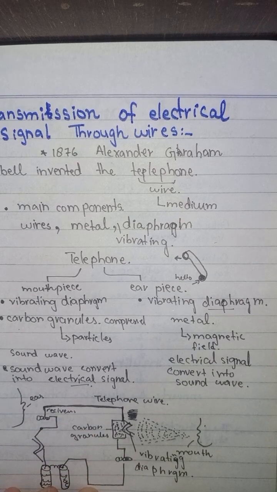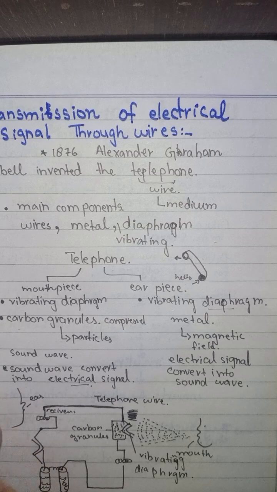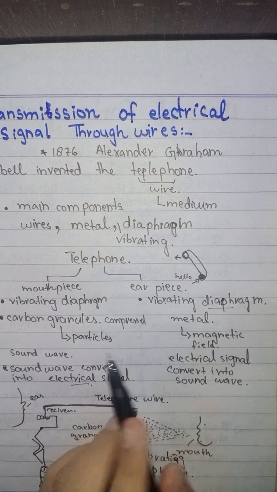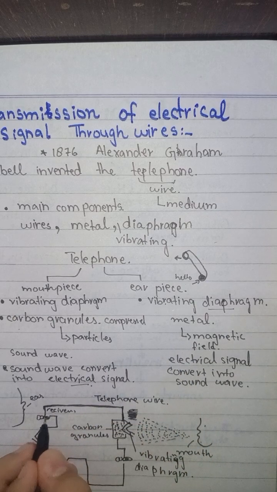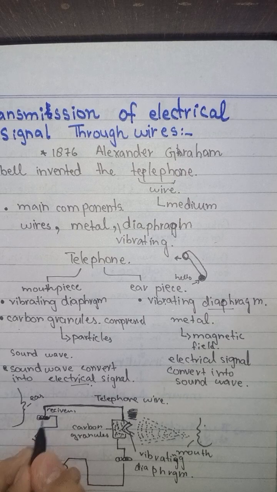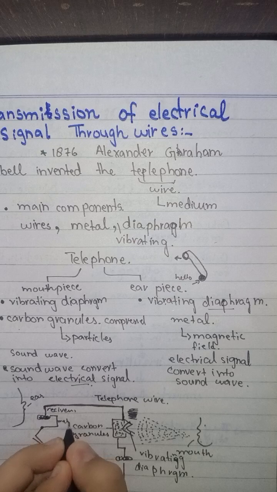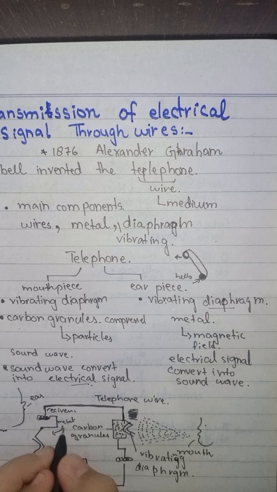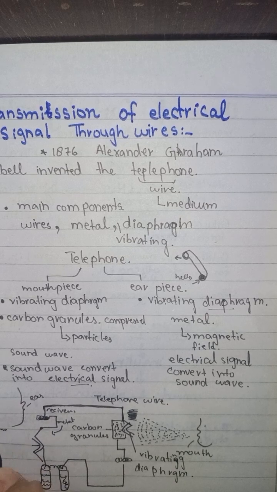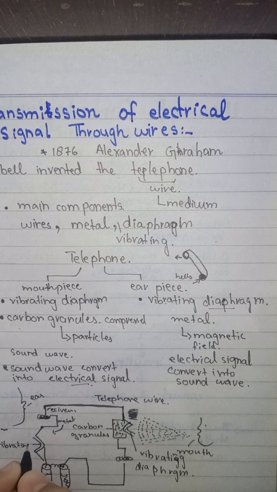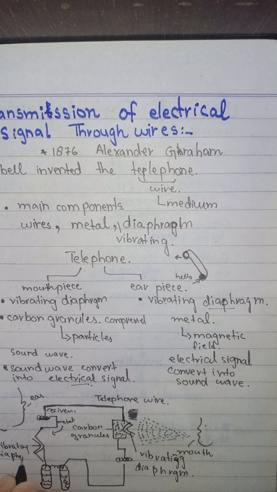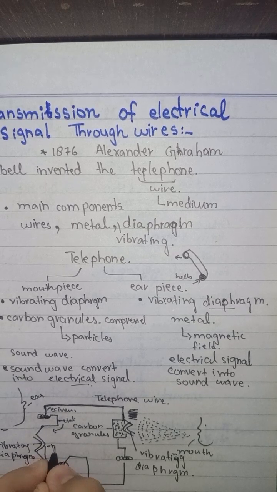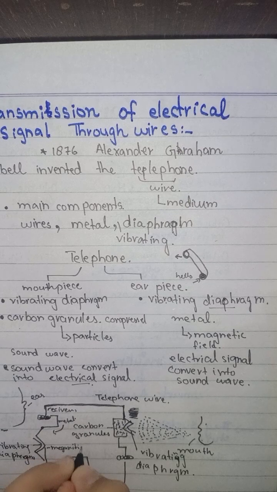Okay, when the sound is received, in the ear we have the vibrating diaphragm. So when the vibrating diaphragm vibrates, here we have metal and that metal will create the magnetic field. Okay, the vibrating diaphragm will vibrate and here it will create the magnetic field.